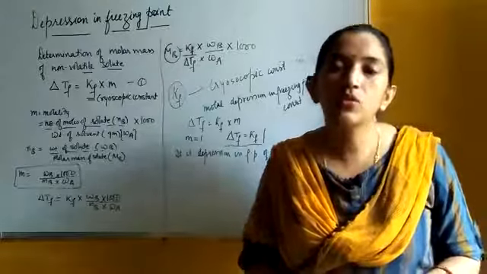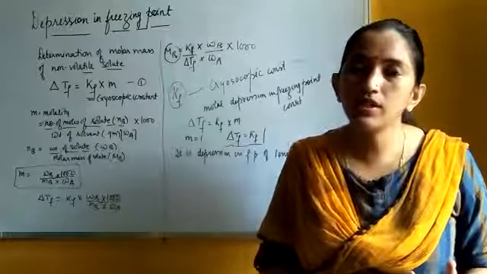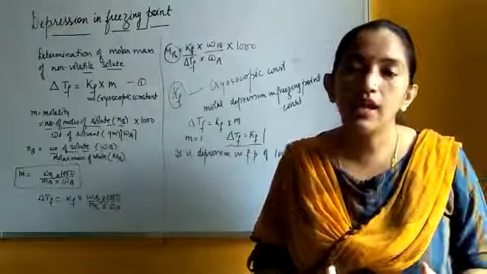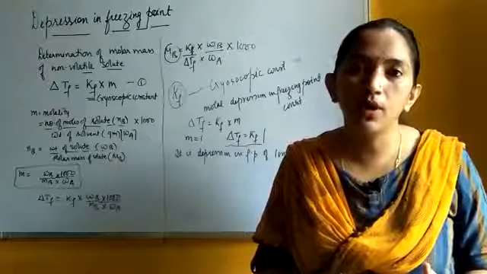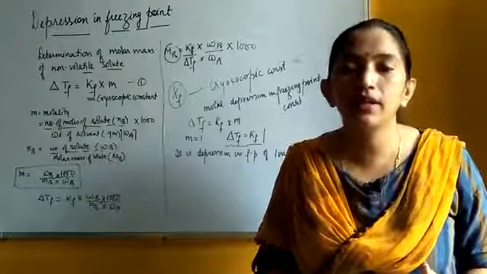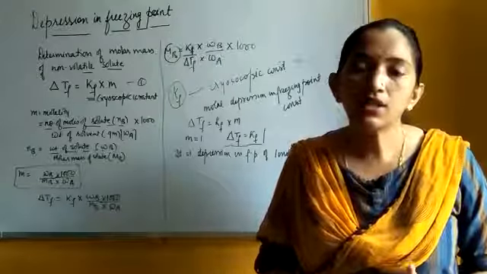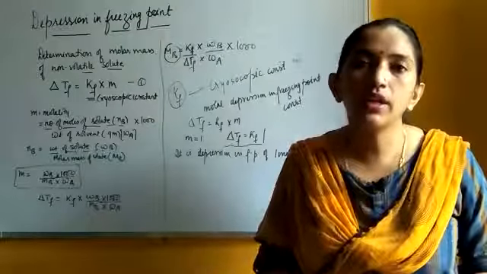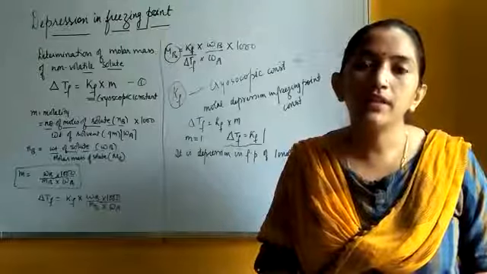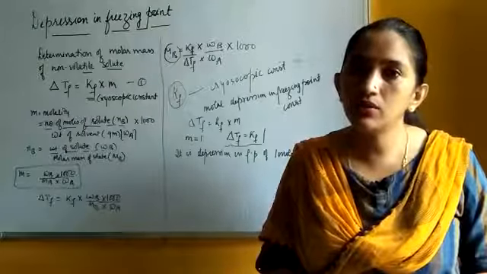Right, students? So the depression in the freezing point is a colligative property, as it depends upon the number of solute particles and is independent of the nature of the solute particles. And from this colligative property, we can determine the molar mass of the solute.